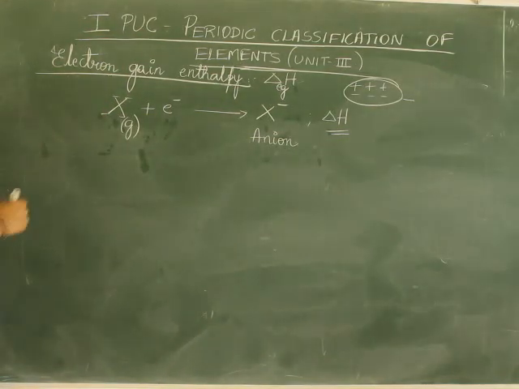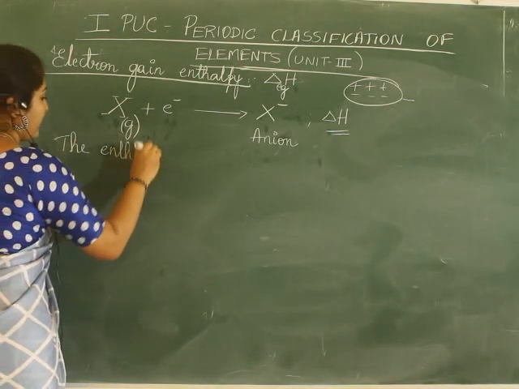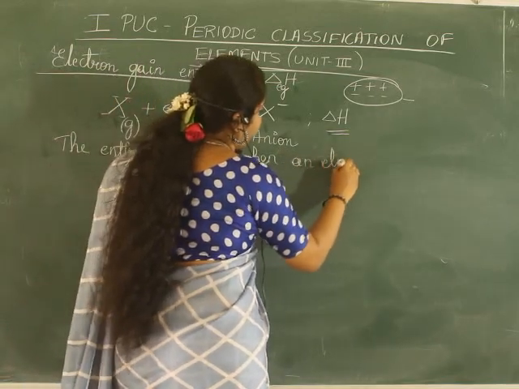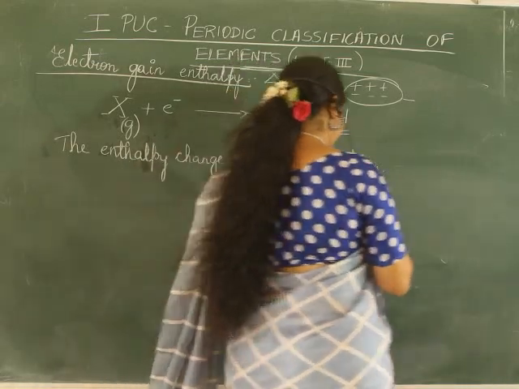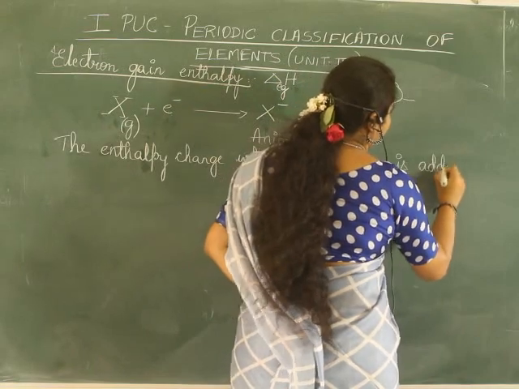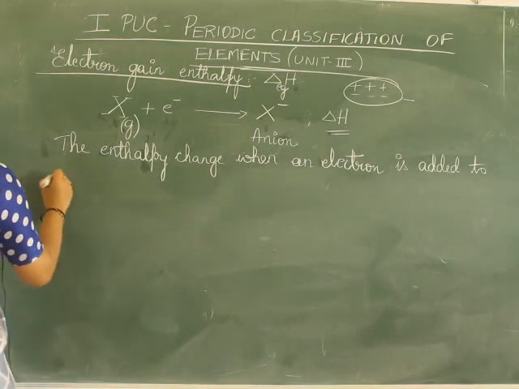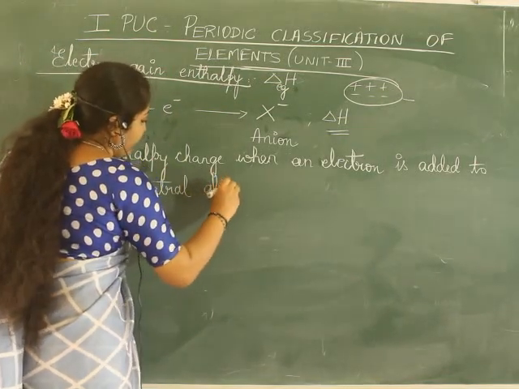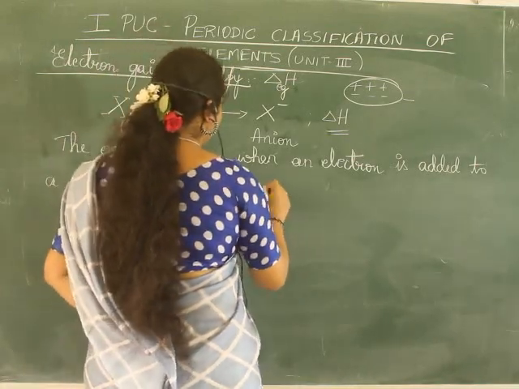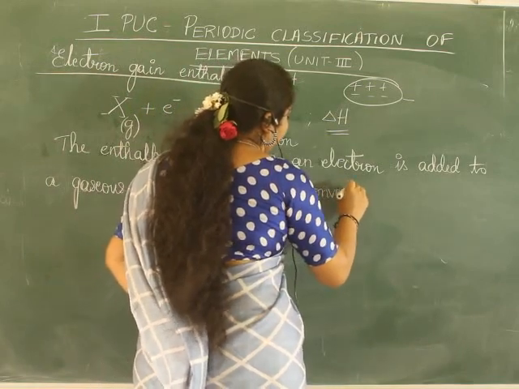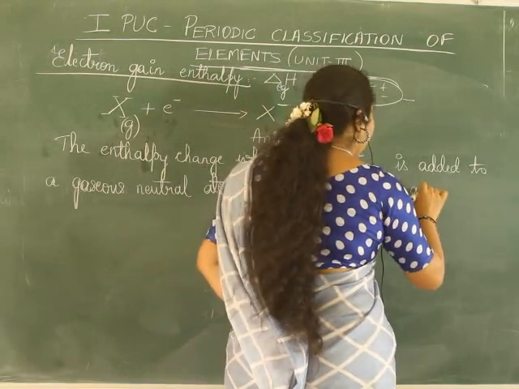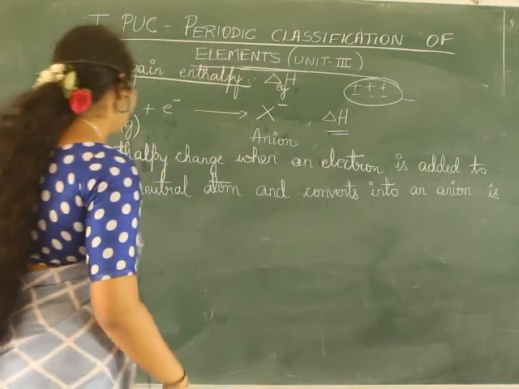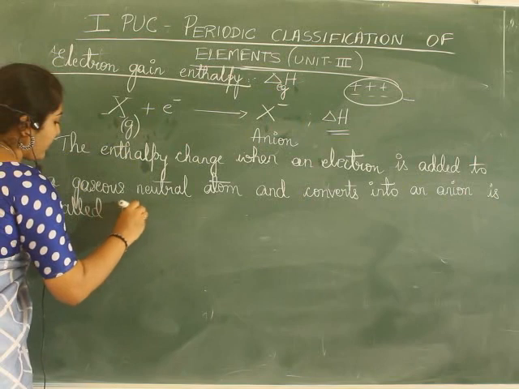The enthalpy change when an electron is added to a gaseous neutral atom and converts into an anion is called electron gain enthalpy.